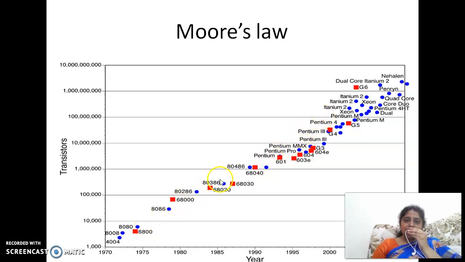Like this, if we observe this graph in a linear manner, exponentially the transistors are increasing. That means too many components are integrated within the same chip. So whatever Moore predicted became true from 1965 through all these years.